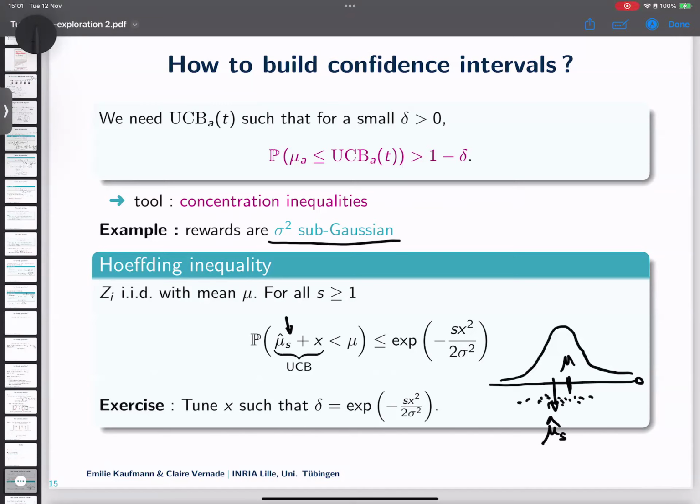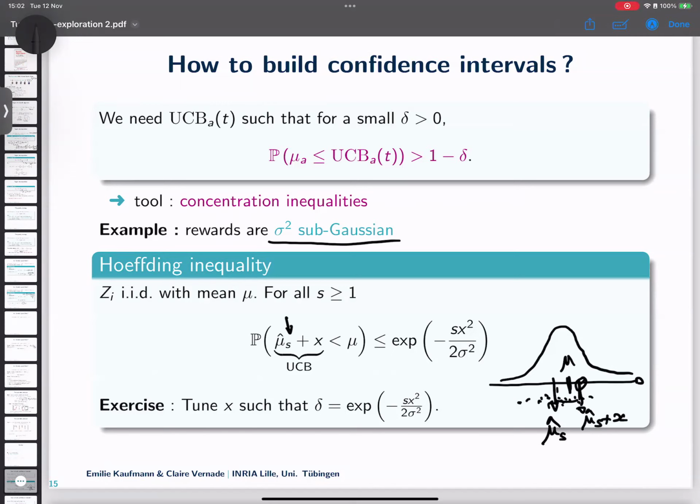The probability that if I add x here, so this is mu hat s plus x, the probability that this new thing is smaller than mu is relatively small.